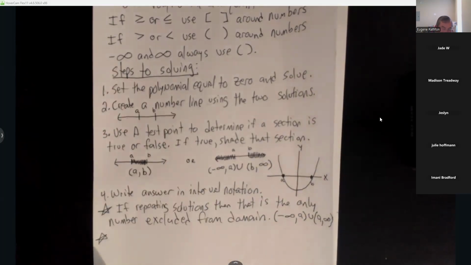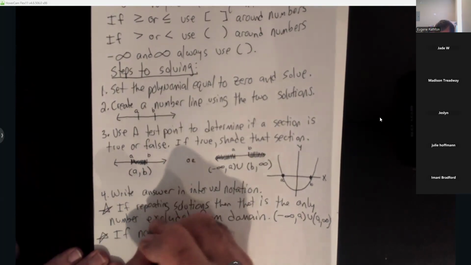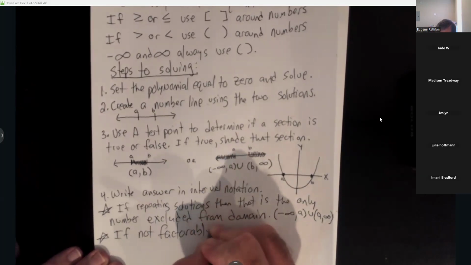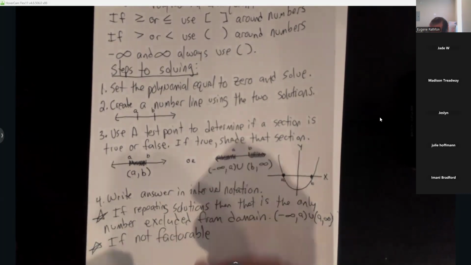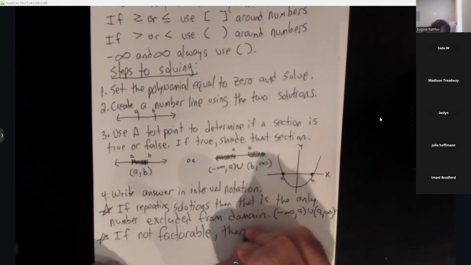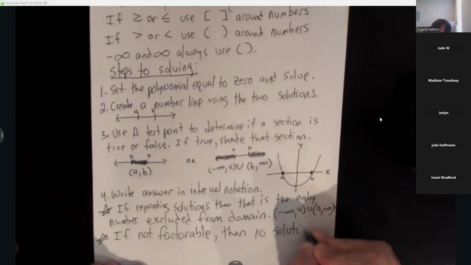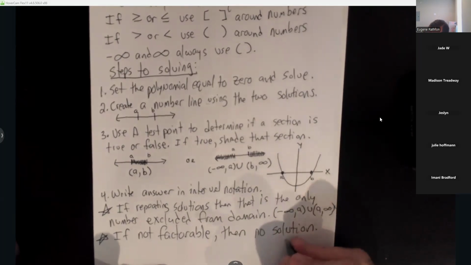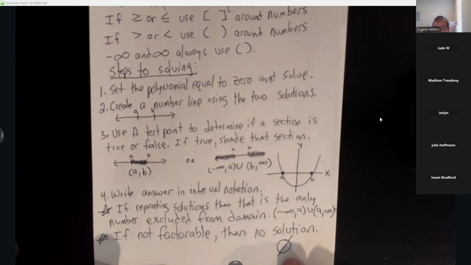Star number two. If it does not factor, so if you cannot factor it and solve it, then we get a no solution. Now, in MATLAB, a no solution is a zero with a line through it.